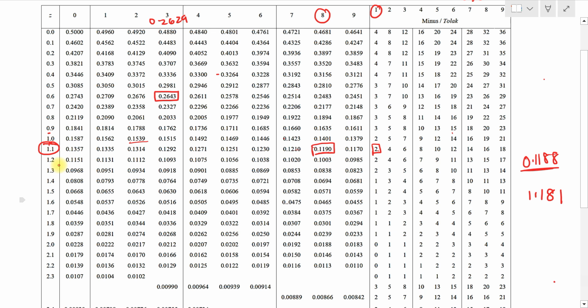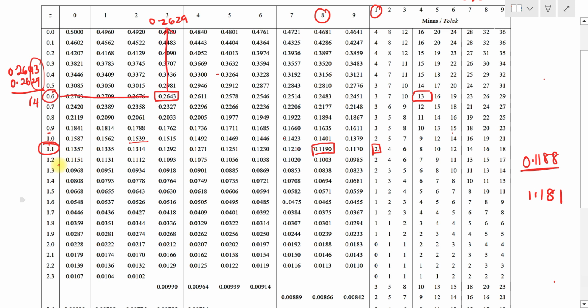So 0.2611 is way too small. So we need to subtract. 0.2643. What we want to find is 0.2629. Basically 43 minus 29. What is 43 minus 29? 14, right? Find 14. There is no 14, so you take 13.